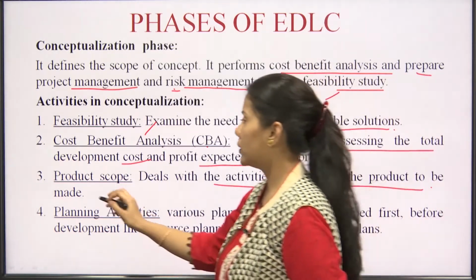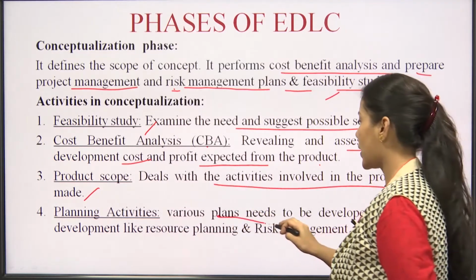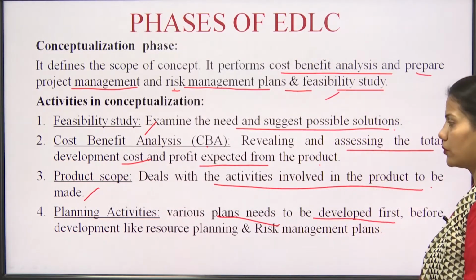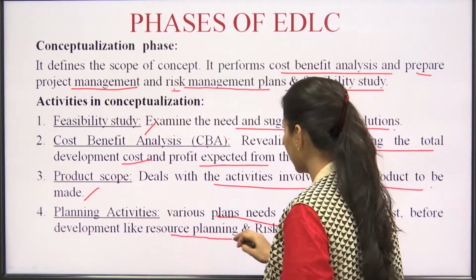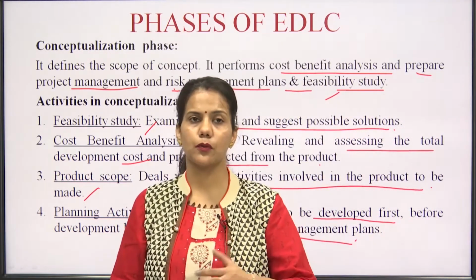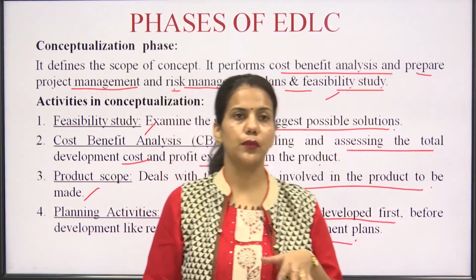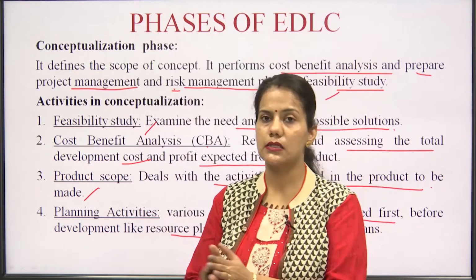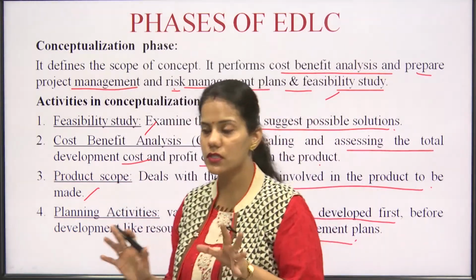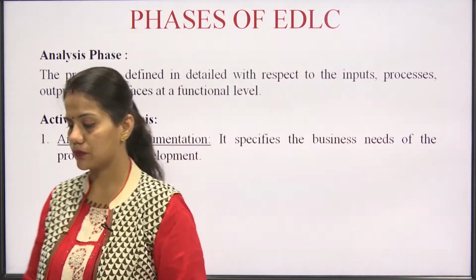Planning activities: the various plans need to be developed before development, like resource planning and risk management plans. These plans are very important, because as the product starts in the development and implementation phase, these have to be taken care of. All these planning activities are a part of the conceptualization phase.